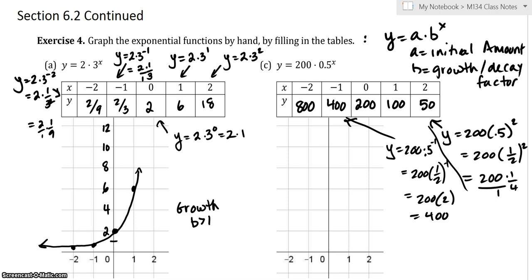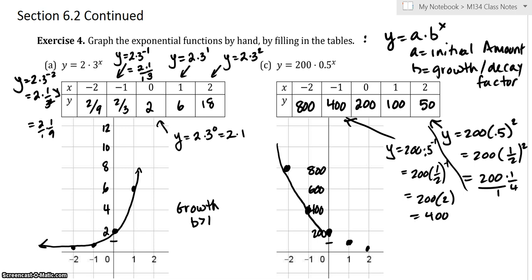Plotting these, I'm just going to count by 200s, but again, you could count by 100s, but somehow you want to get to 800. Negative 2 we know is 800. Negative 1 is 400. 0 is 200. 1 is 100, so that's halfway between, and that's 50. So there's 100, so 50 is even smaller than that.